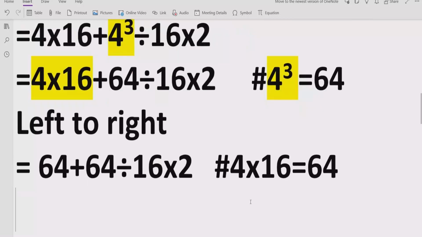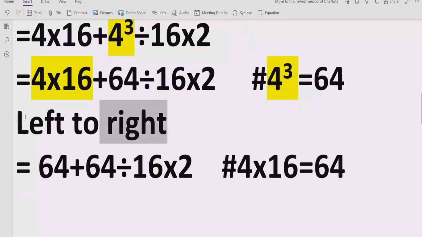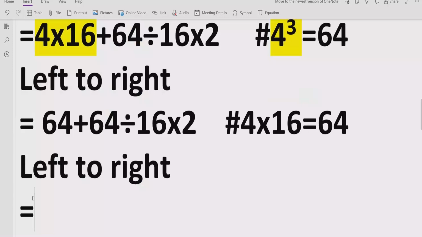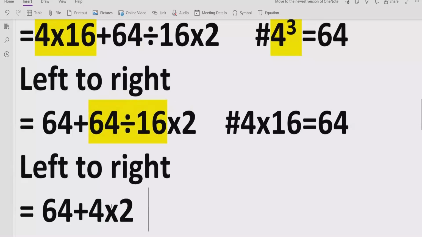Now, move forward again, we will follow the same rule because we will solve the division and multiplication. So 64 plus 64 divided by 16 means we will divide this part. So 64 divided by 16 is equal to 4, multiplied by 2.